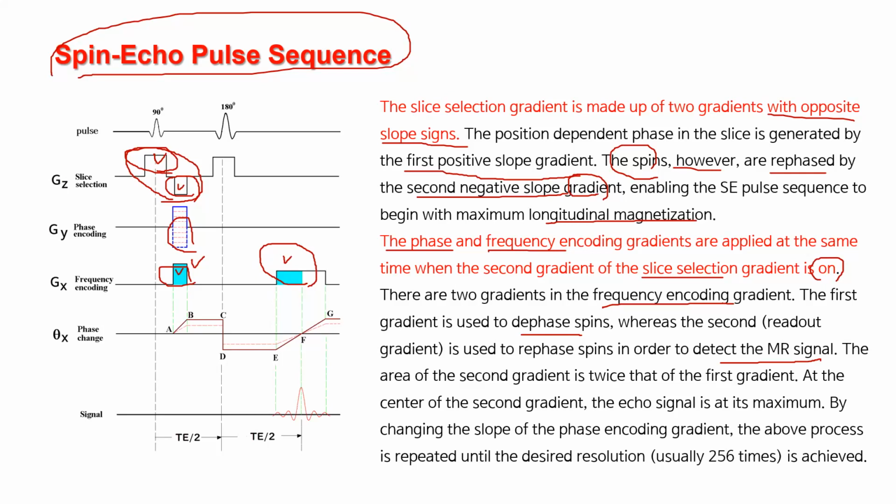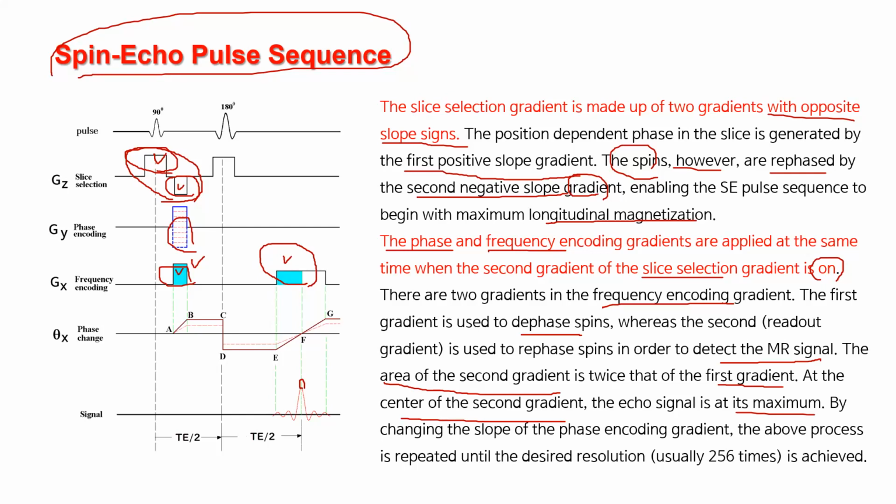The area of the second gradient is twice that of the first gradient. At the center of the second gradient, here, the echo signal is at its maximum.